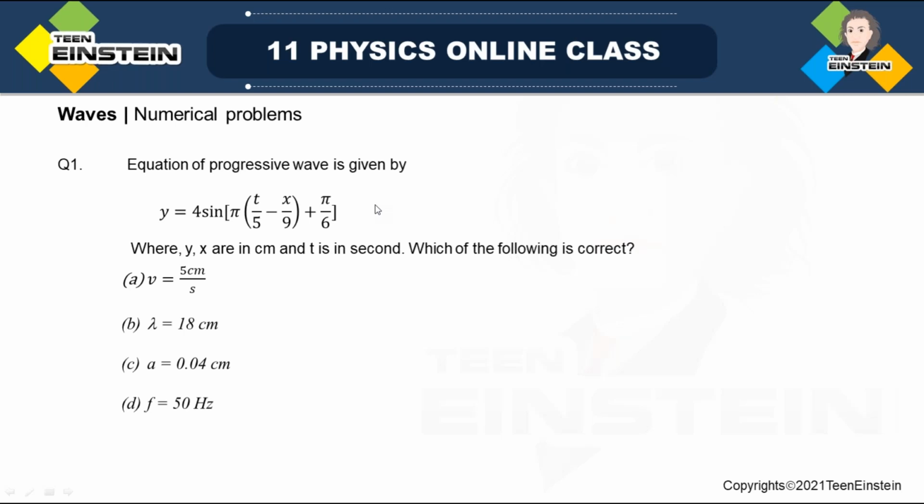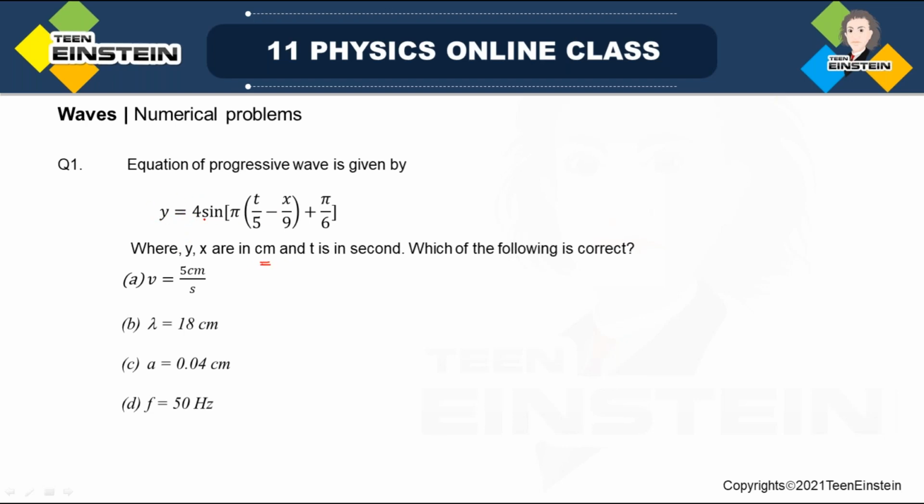In progressive waves, one main property is that the wave will travel in a particular direction and its amplitude will be constant.